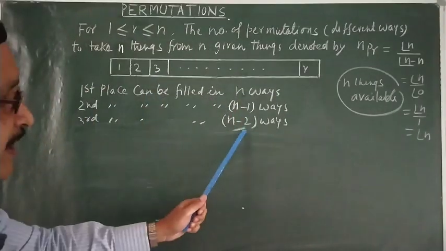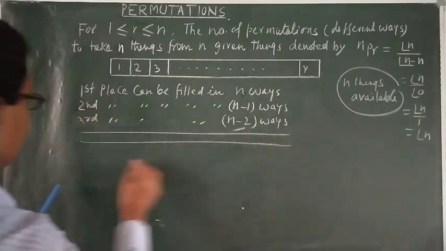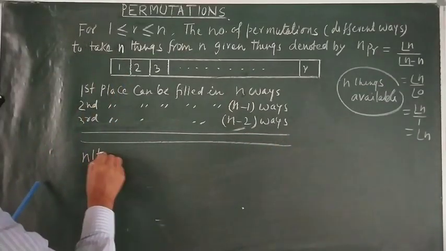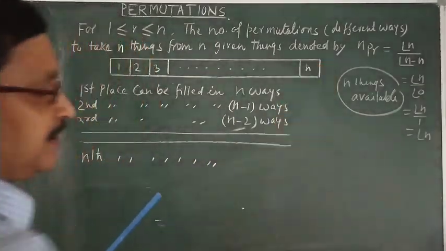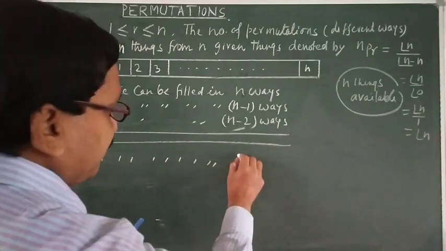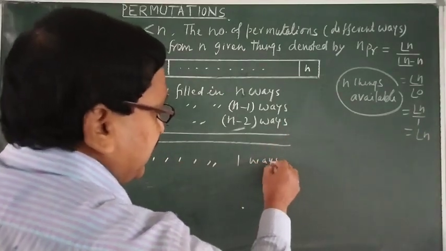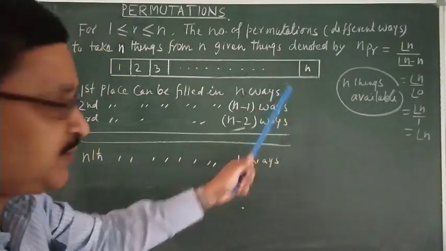So the third thing is n minus 2 as usual, and similarly going ahead, the nth place in place of r is n. To fill the last place, we will have only one item, that is one way. n items, n places, so the last thing can be placed in one way.